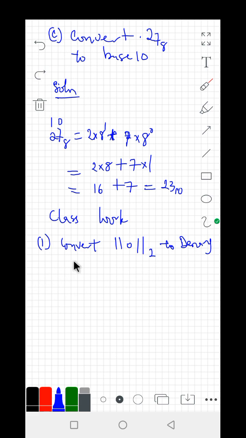Okay, so what does this tell you? What this tells you is you have to convert this to base 10. So what do you do first? You expand, and then you do what? Simplify, and your answer should give you 27 base 10. If you are able to get that, it means you actually followed this tutorial.